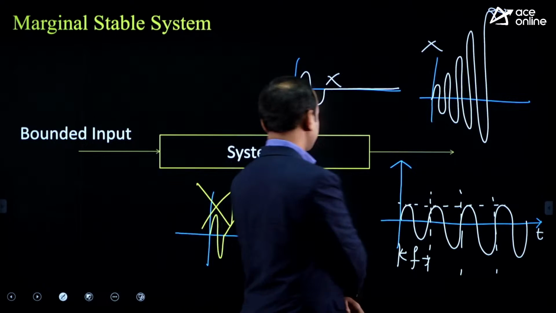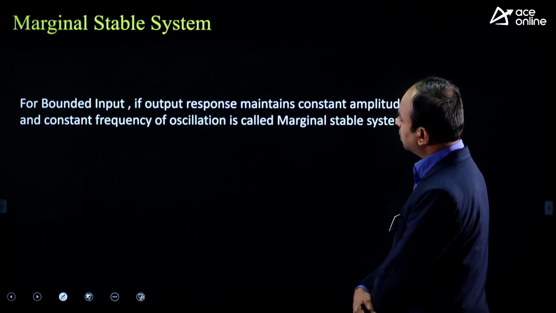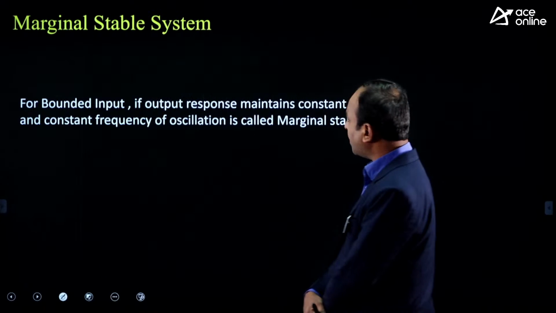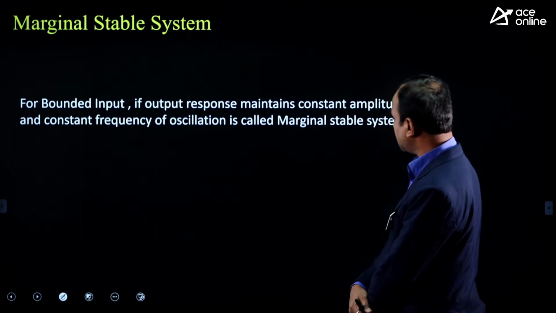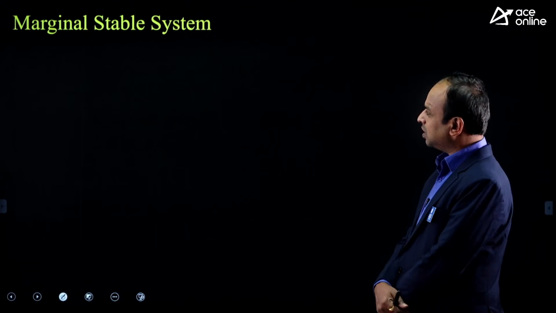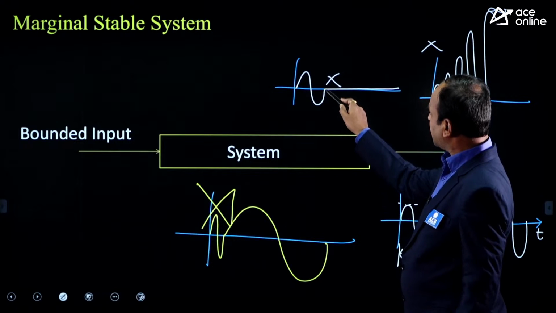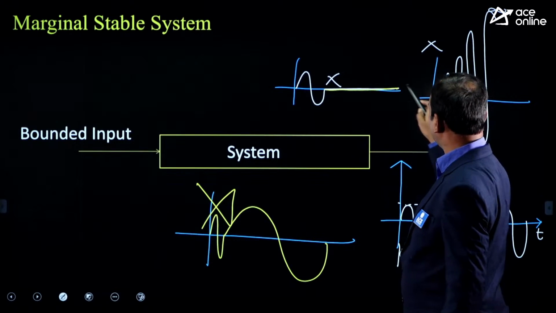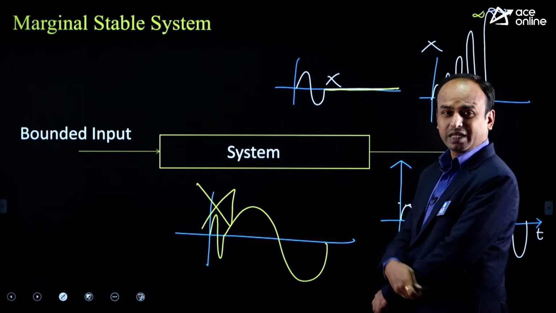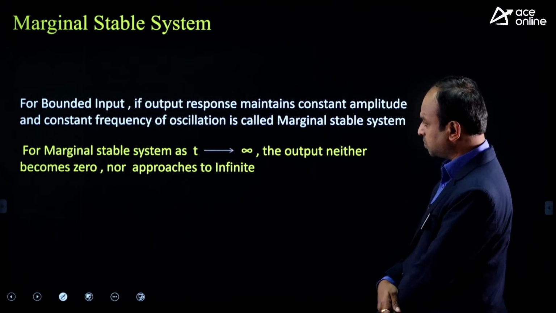Now observe the definition. For a bounded input, if the output response maintains constant amplitude and constant frequency, it is called a marginal stable system. It is not settling to zero, nor going to infinity.